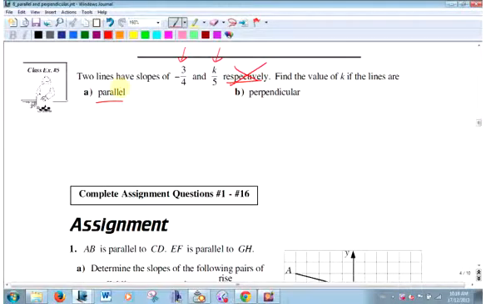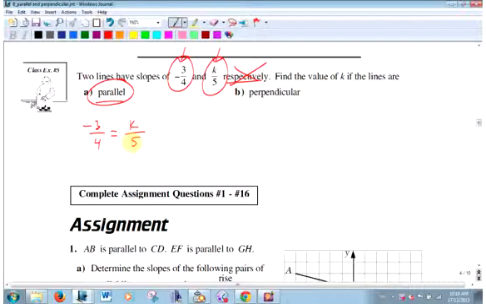What do we know about parallel lines? The same slope. Well, if this is the slope of one line, and that's the slope of another line, and they're the same, then how do we let them be the same? Is there some kind of math expression that says same?